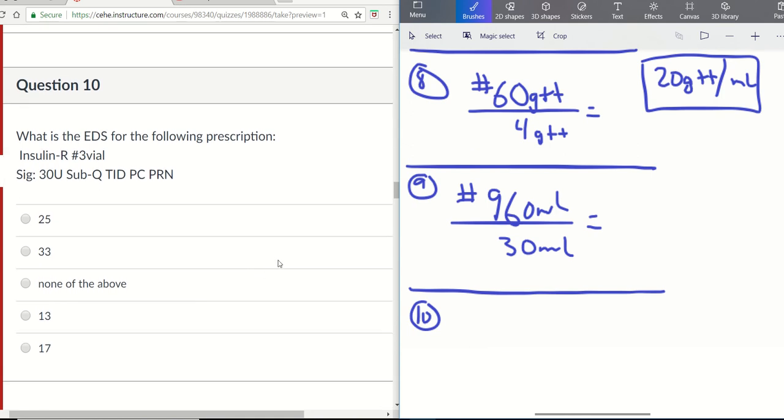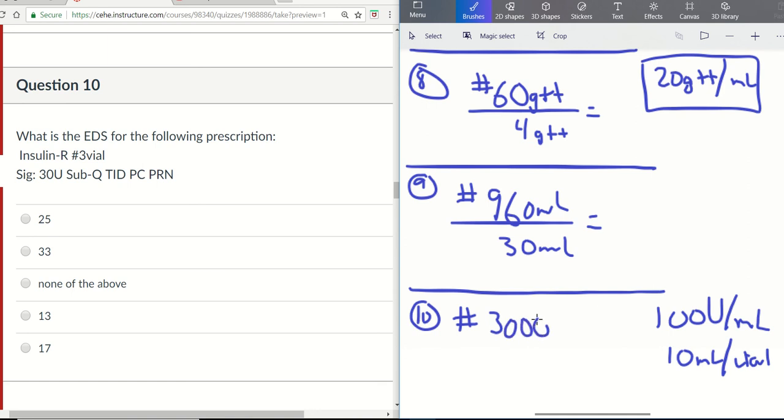For us, insulin comes 100 units per ml. And we're going to dispense 10 ml per vial. Little tiny insulin vials. So in this case, we got 3 vials. That's a total of 3,000 units. Right?